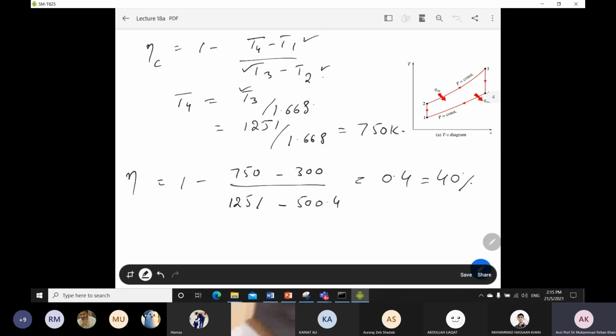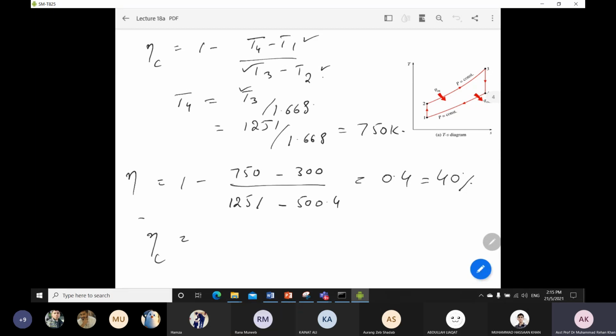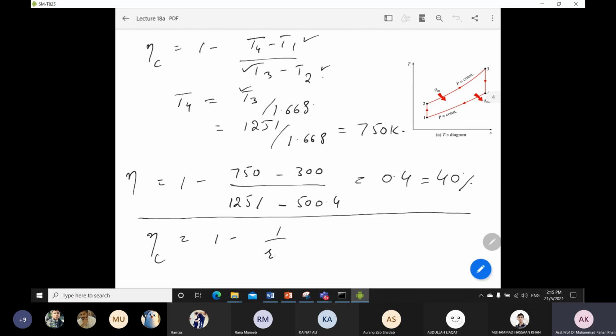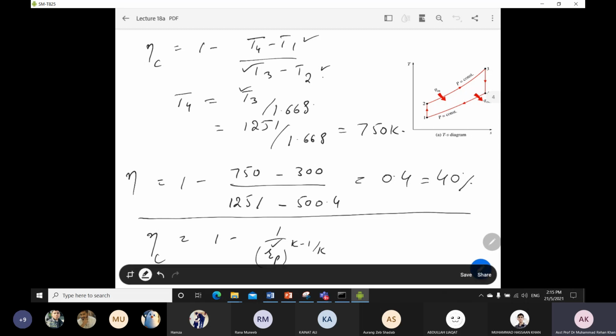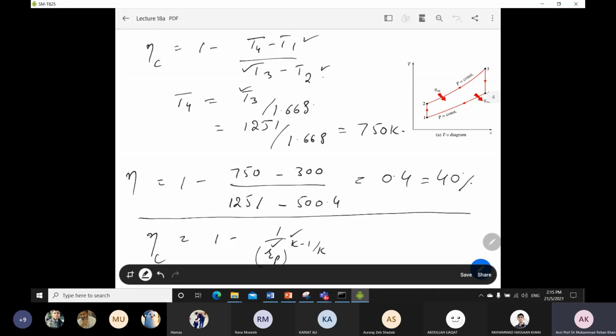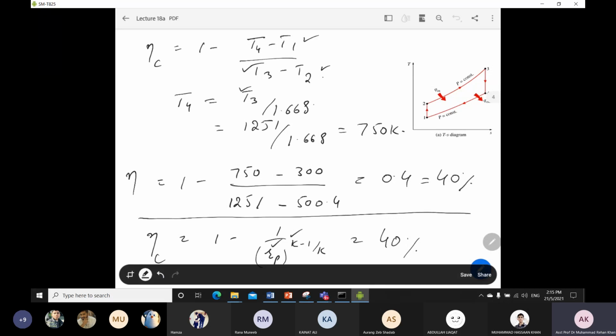You can also use the relation we already developed: 1 minus 1 over rp to the power k minus 1 over k. Because rp is known and the k value for air is 1.4, you simply put the values and get the thermal efficiency, which is the same 40%. So note it down. If you have any question, you can ask me. Then we'll move towards the next question.